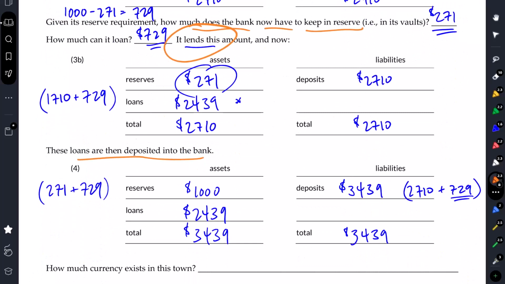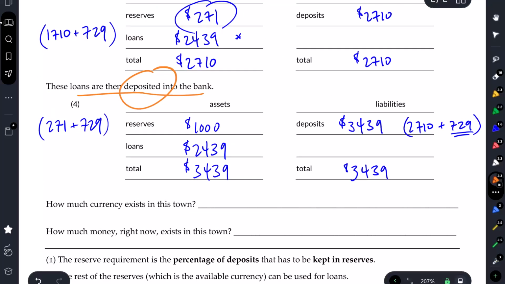What was just lent is deposited. Repeat, repeat, repeat. Well, not forever. We'll get to that in a second. But, okay, so that's the pattern that we just went through.